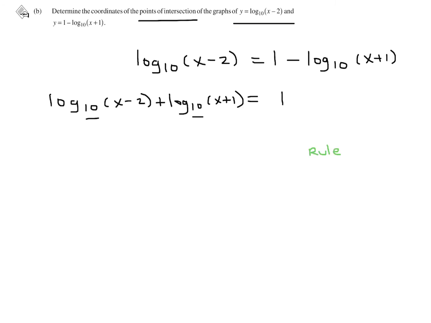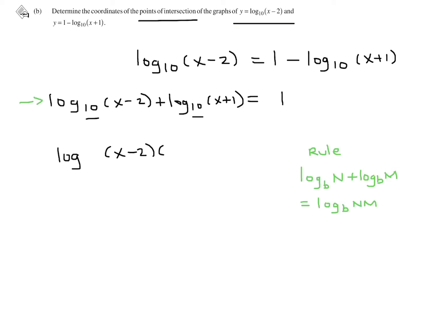There's one rule that states that if you have log of any base, n, plus the log of another number m to the same base, that can be written as the log of n times m to the same base. All right, that's one of the log rules.